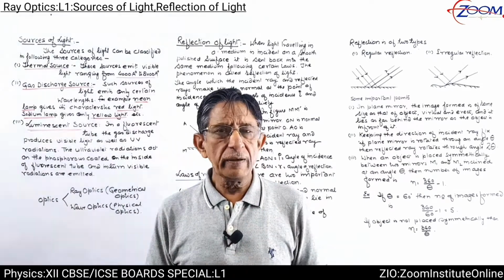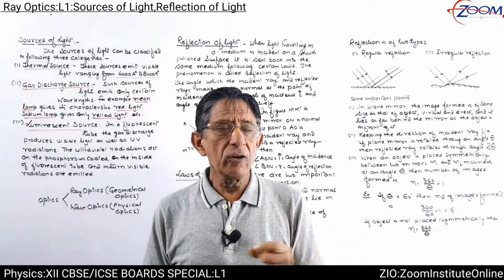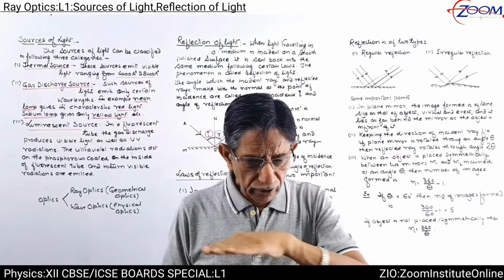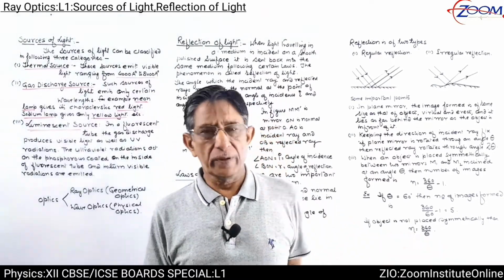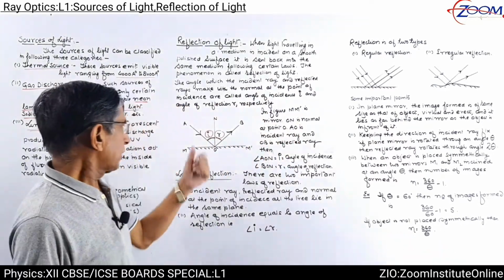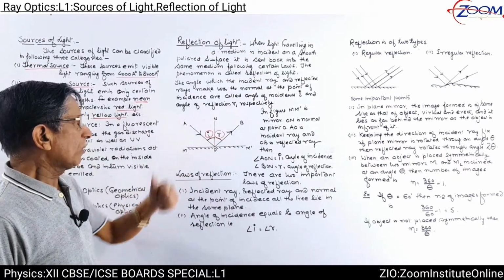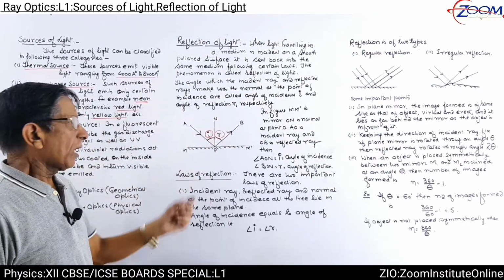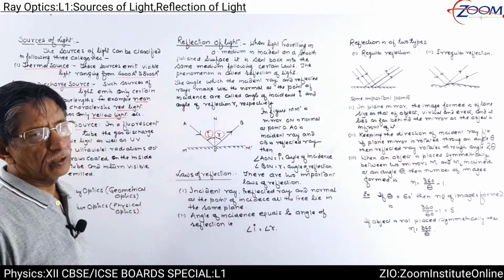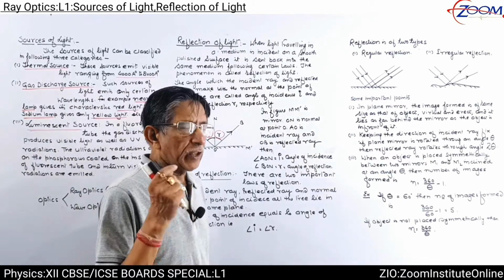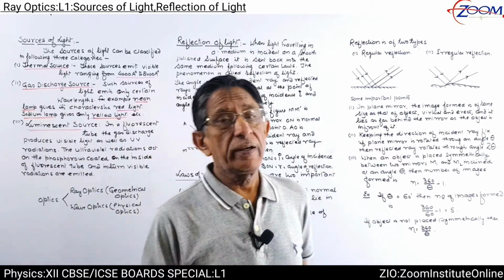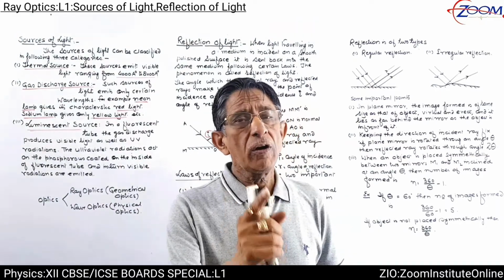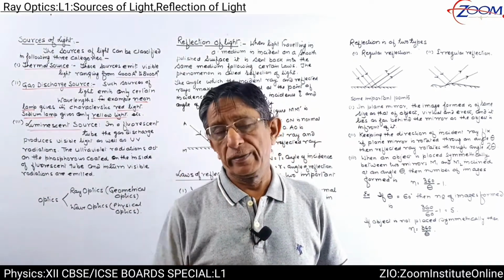So, incident ray, reflected ray and normal all are in the same plane, that is the plane of paper. In my case, incident ray, normal and reflected ray are in the plane of blackboard. So, the very first law is that incident ray, reflected ray and normal all lie in the same plane.